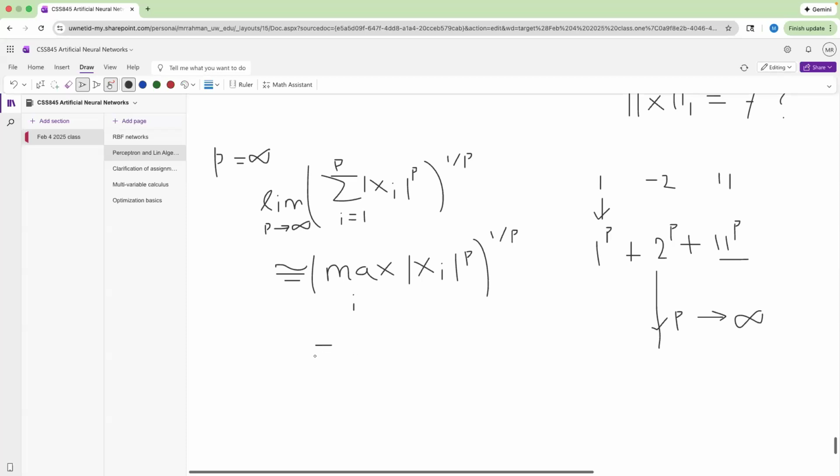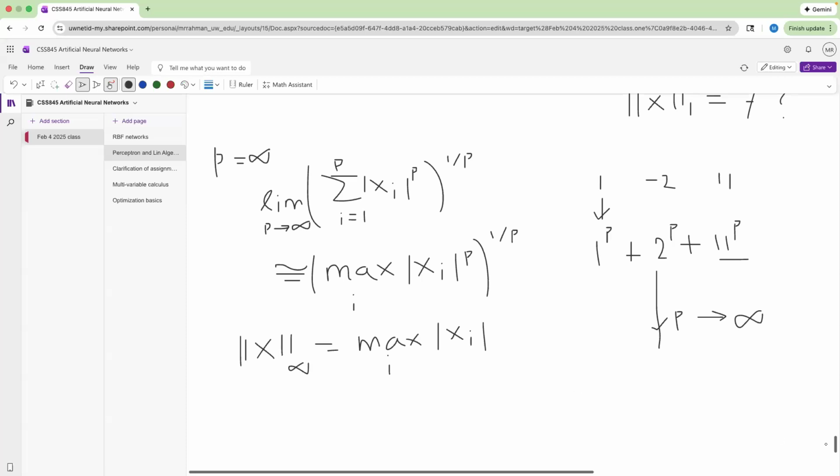Now there is just one term, that max term, and then this 1 by P. So basically this becomes max over i of xi. Okay. So this is called the infinity norm of a vector.